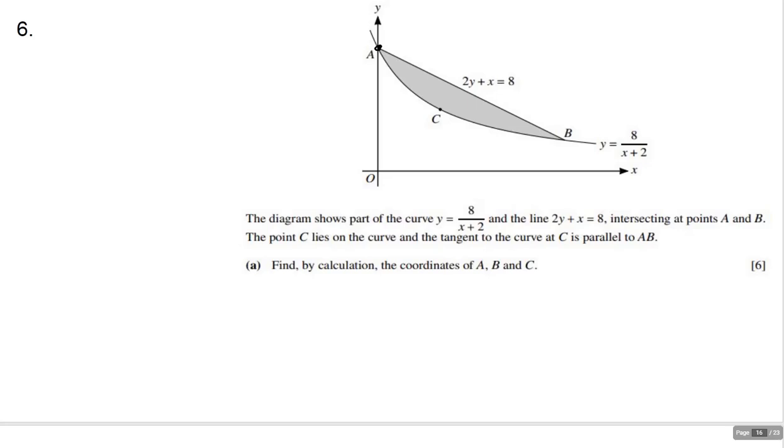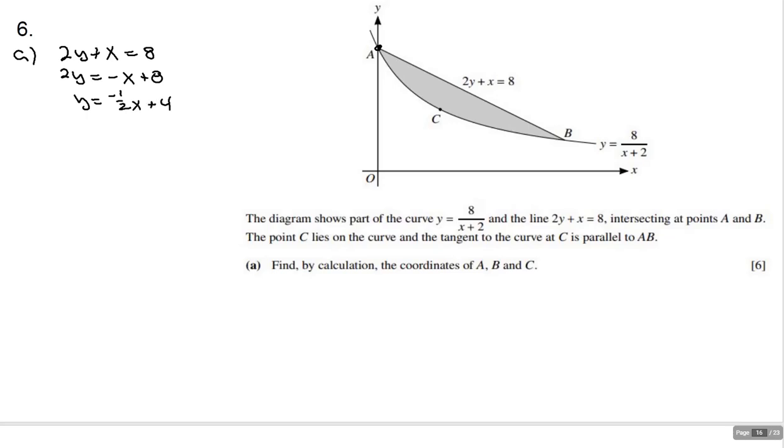So A, if I just rewrite this 2y plus x equals 8 in y equals mx plus b form, 2y is equal to negative x plus 8, y is equal to negative 1/2 x plus 4.